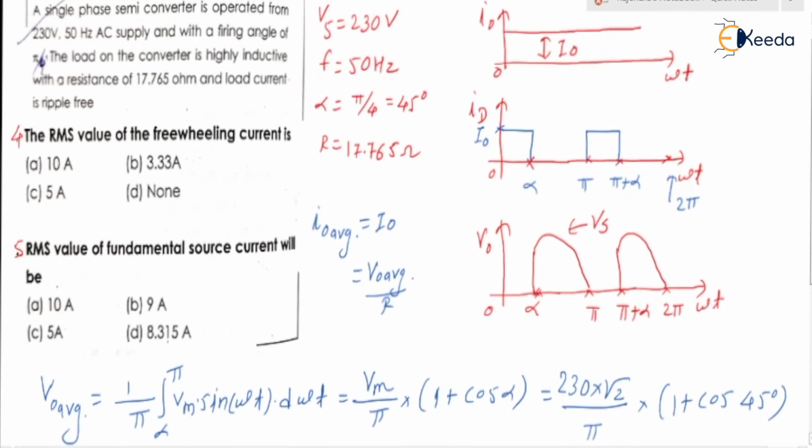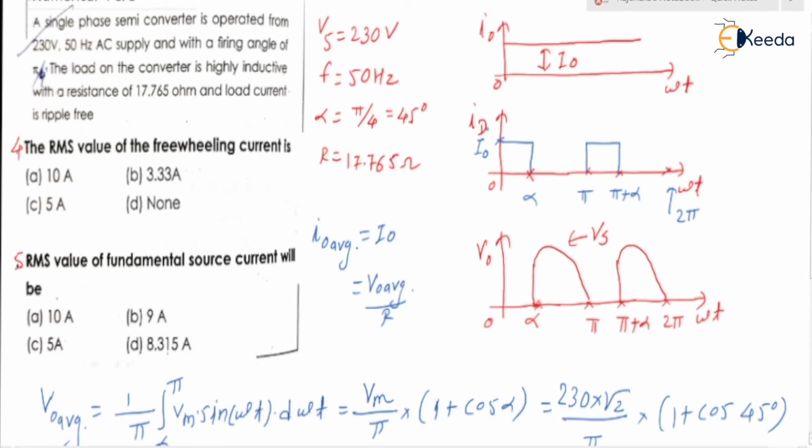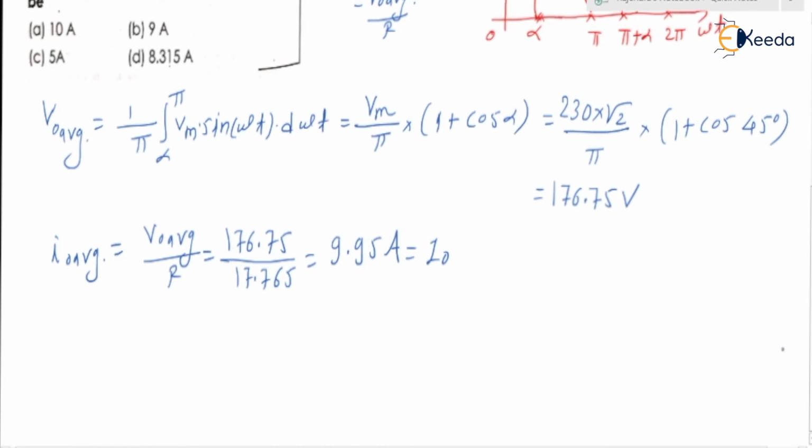Now, can we find the RMS value of ID? The ID waveform varying from 0 to alpha is the same as that of the I0. So ID RMS is equal to 1 by pi integration from 0 to alpha of I0 square d omega t, to the power 1 by 2.